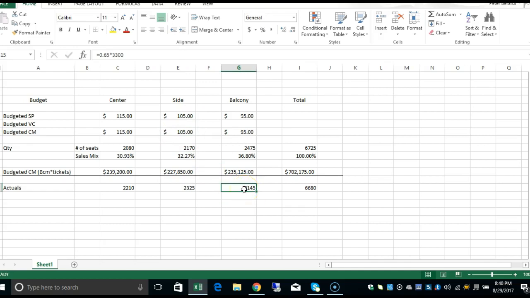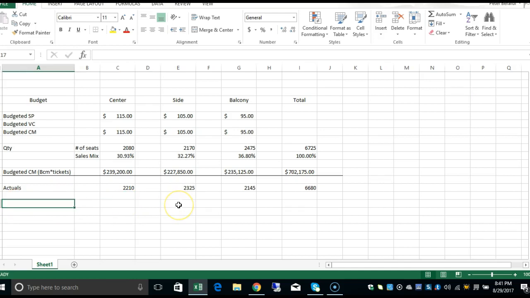But we sold considerably less balcony, but that was the lower one. So this entire mix basically impacts our contribution margin, and we're going to try to explain how that impacts it.